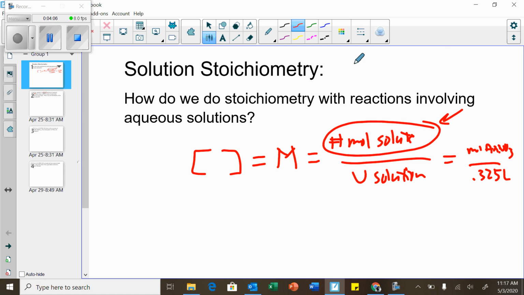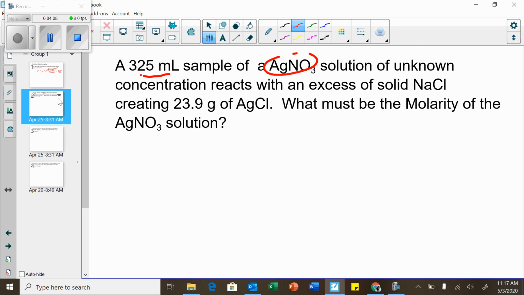Well, how on earth are we going to find moles of AgNO3? Looks to me like we're going to have to do a little bit of stoichiometry because we know something about grams of AgCl that was produced in the reaction. We can use that and a little bit of stoich to find moles of AgNO3.